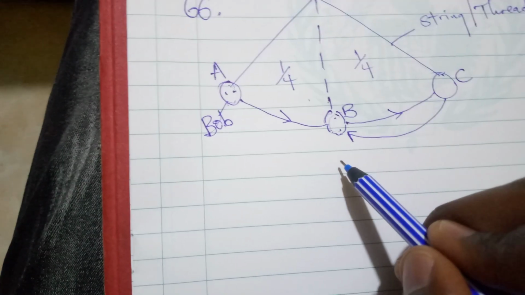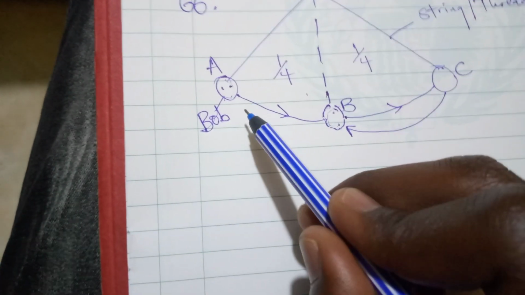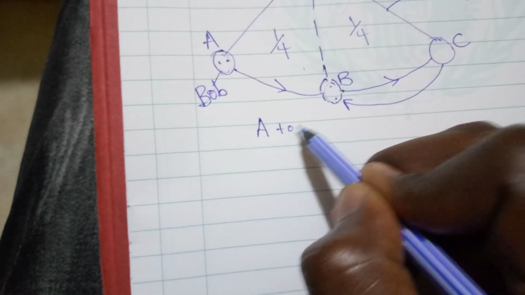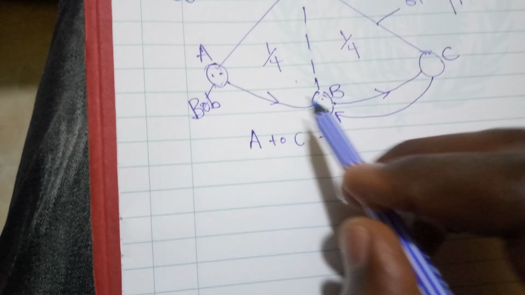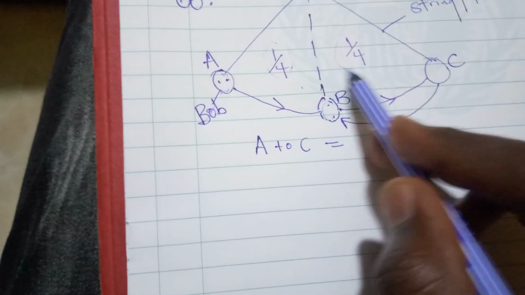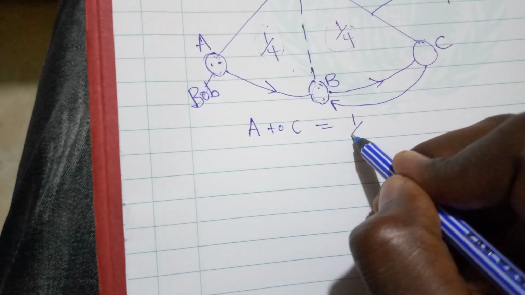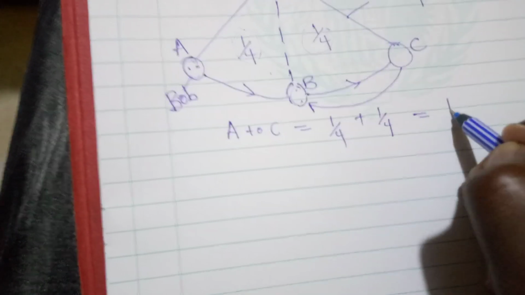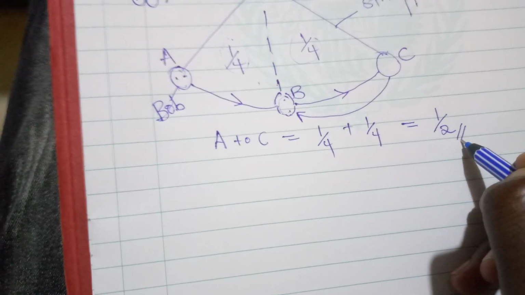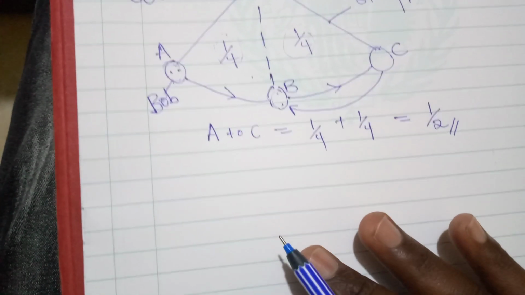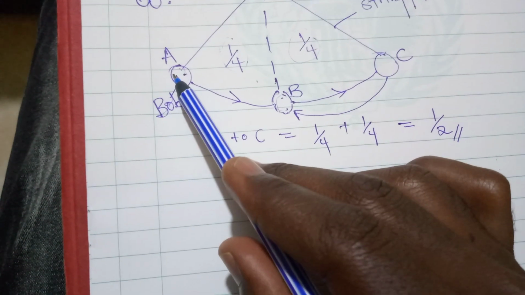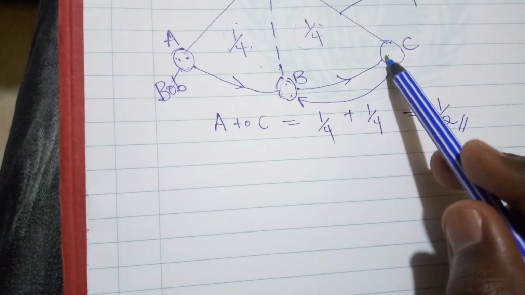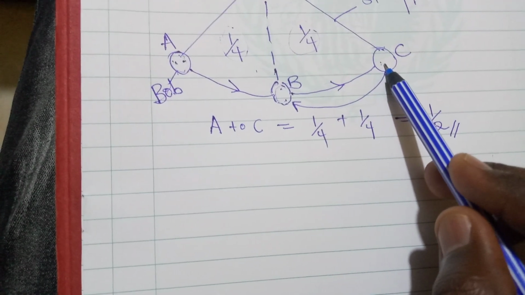So from A to C, we are supposed to add quarter plus quarter, that is 1 over 4 plus 1 over 4, you are going to obtain 1 over 2, which is half. So when a bulb moves from point A to C, the number of oscillation is 0.5, which is half.